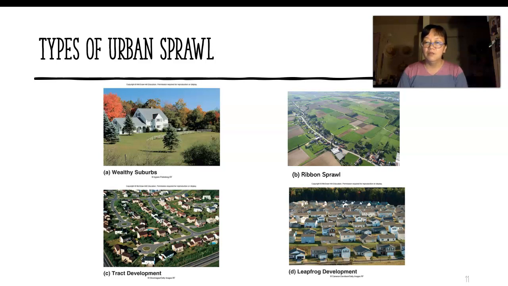The B picture shows the importance of the road. The road caused the sprawl. You can see all the houses lined up along the roads. And C and D show very dense housing areas, and we're building more of them around the city. We will explore the downside of urban sprawl pretty soon.